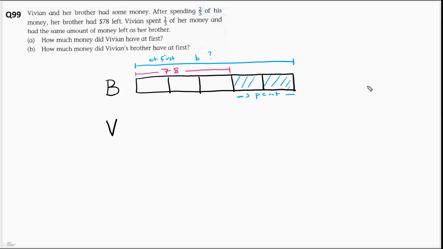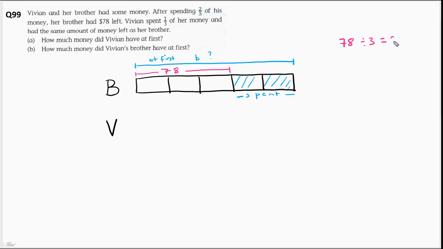Okay, let's continue. I know we can work this out now, but we might as well. So we've got 78 here. And if we want to find out the value of this, because we do want to find out how much the brother had at first, what is 78 divided by 3? 78 divided by 3, that's 2 in there, and then 6.